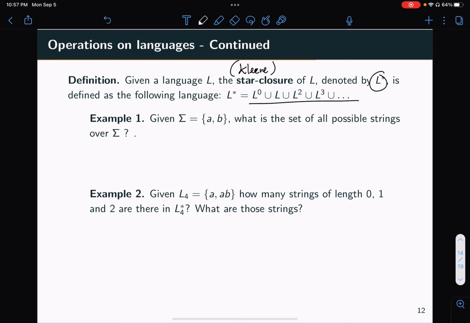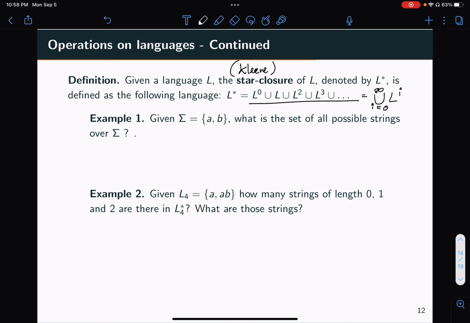So it's the infinite union of the exponential concatenation of the language, starting at 0 all the way to infinity. So L star is L^0 union L^1 union L^2, and so on. Okay, so in other words, if you want a more compact version, it would be the infinite union from 0 to infinity of L to the i. This is the more compact version.